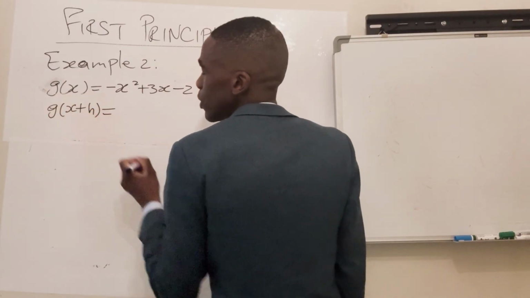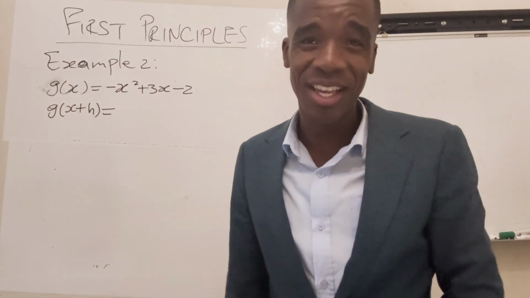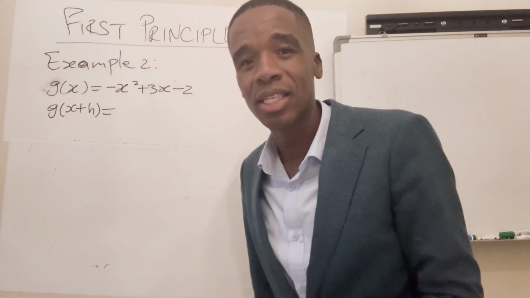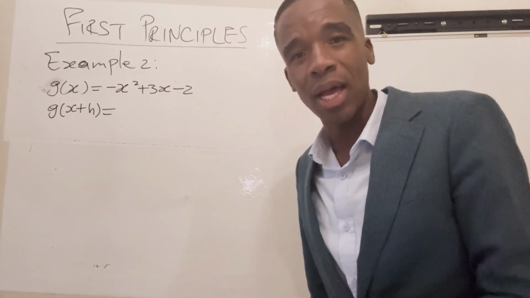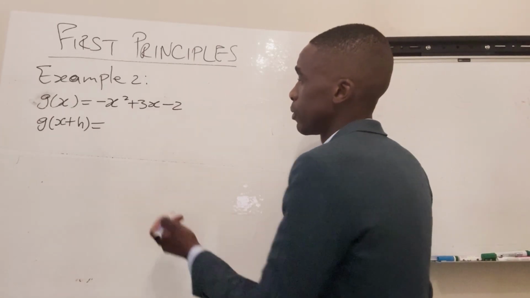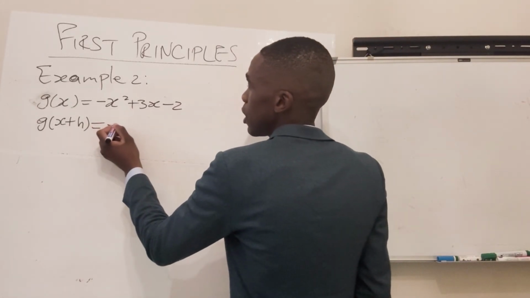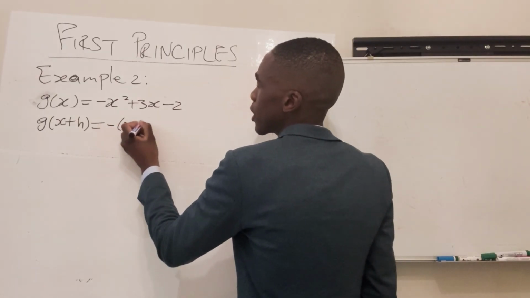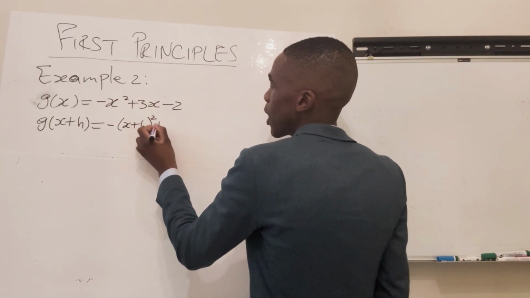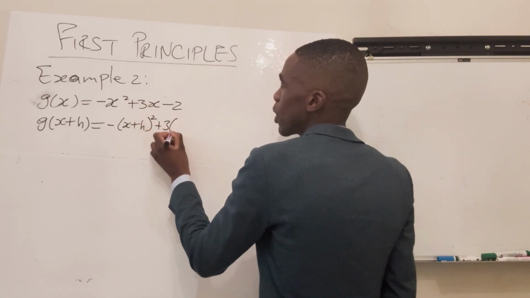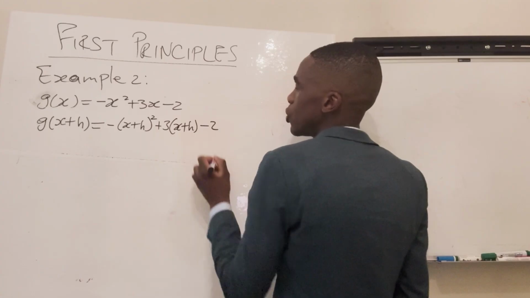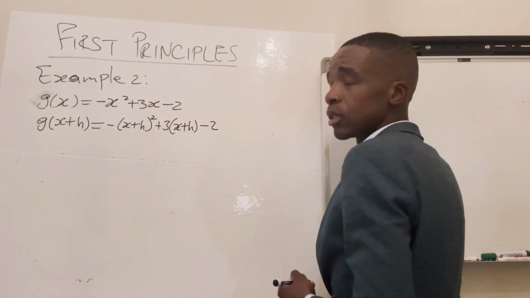Are we together? Wherever there was an x, now there is an x plus h. So it's minus into x plus h all squared, plus 3 into x plus h, minus 2. Are we together? Minus 2.